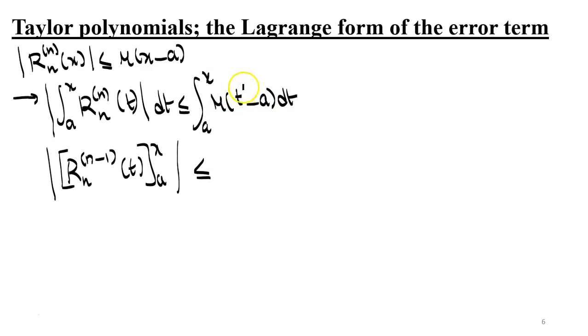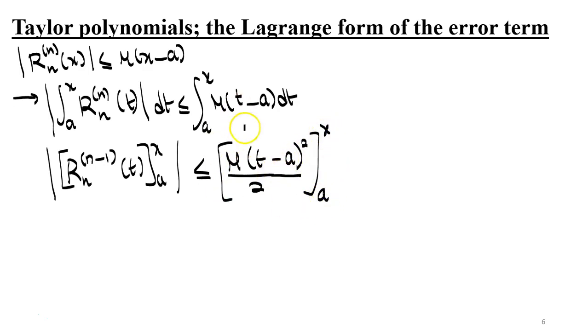Now integrating here, that would give me M times t minus a squared over 2, between a and x. Now applying the bounds, that would give me the derivative of order n minus 1 of Rn at x minus the derivative of order n minus 1 of Rn at a, which is in fact 0.